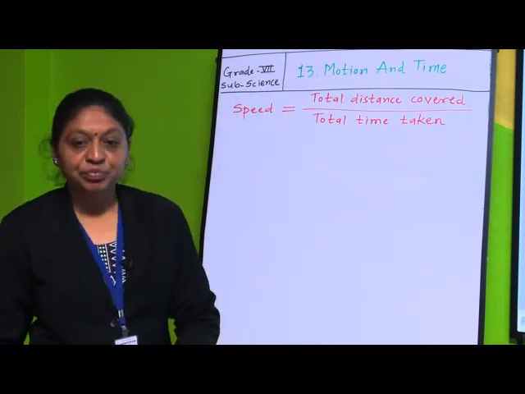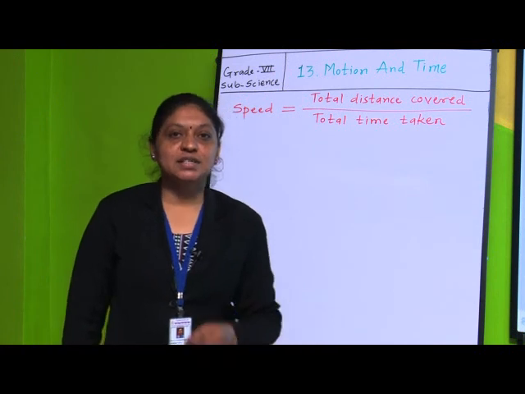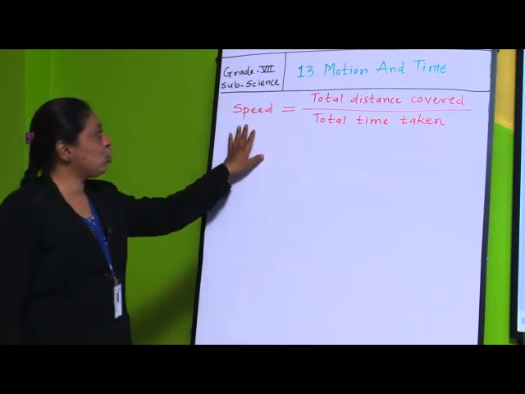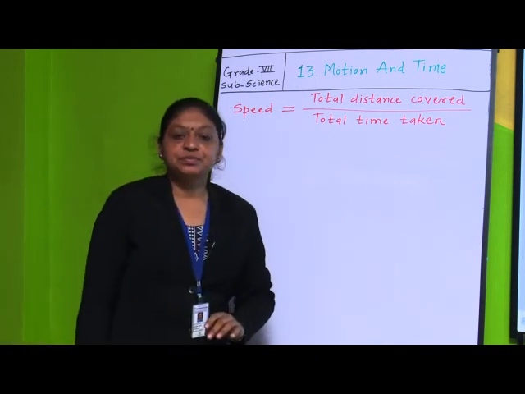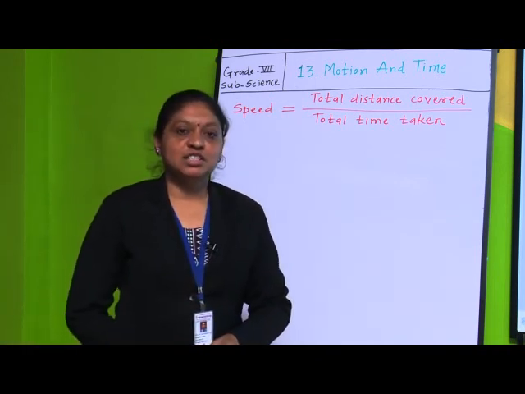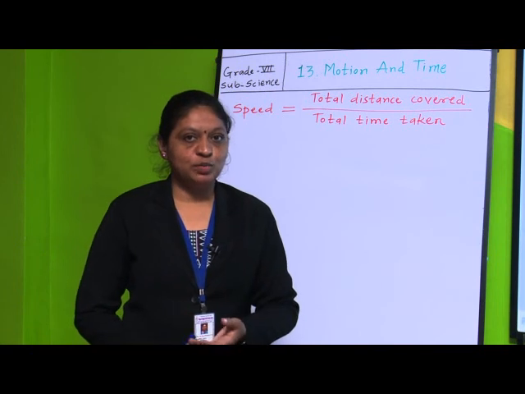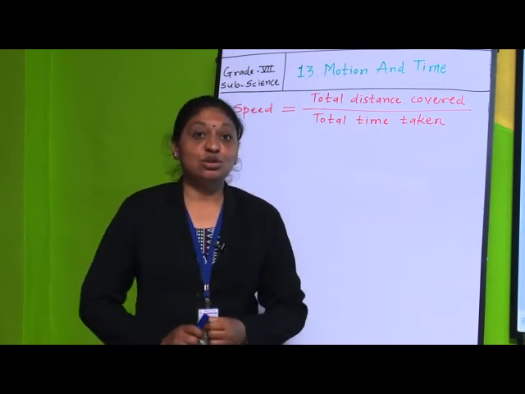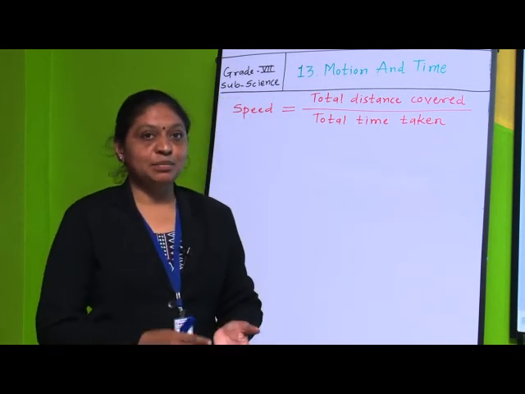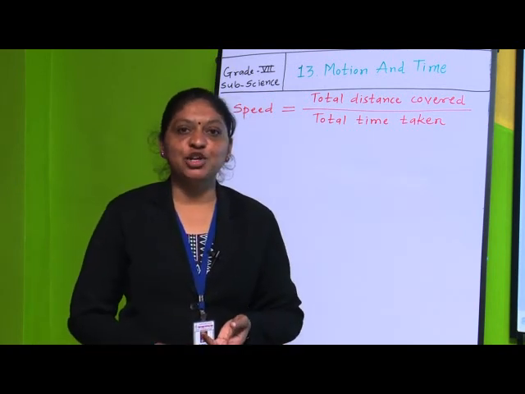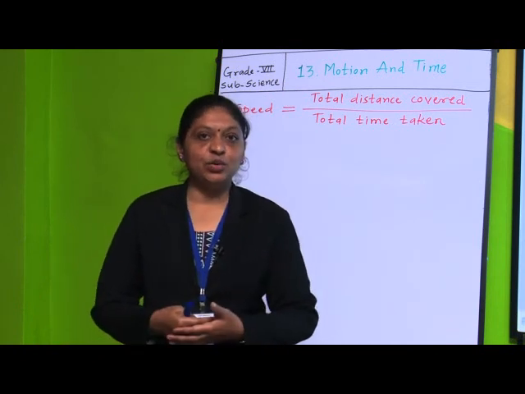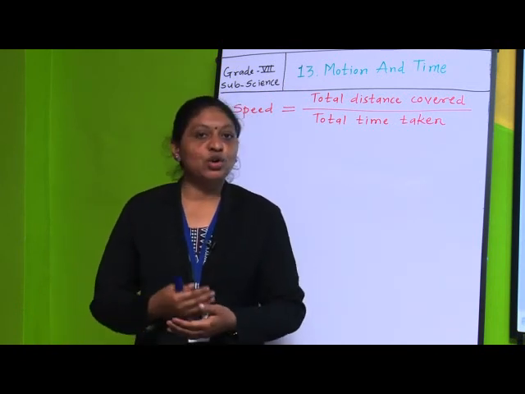So let us recall what we discussed in our last session to understand this formula of speed. We discussed that some objects can move fast and some objects cannot. For example, if you start a bicycle and a bus together, the bus will go fast and the cycle will go slow.